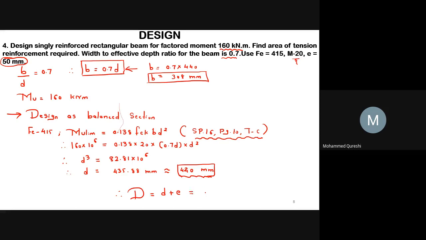So you will get small d 440 plus e as 50, approximately capital D equals 490 mm. Now we have to calculate the value of Ast, as it is given that we have to find the area of tension reinforcement required.